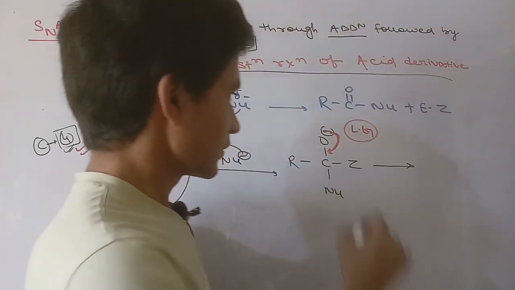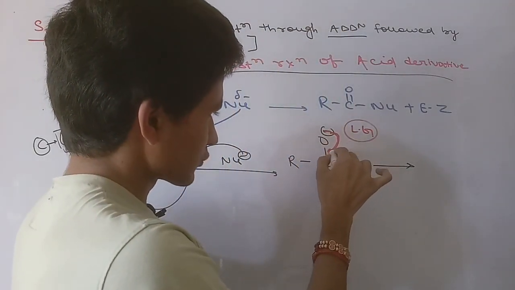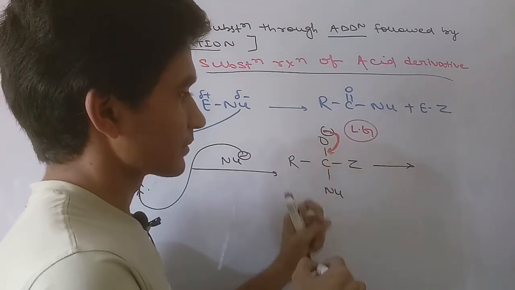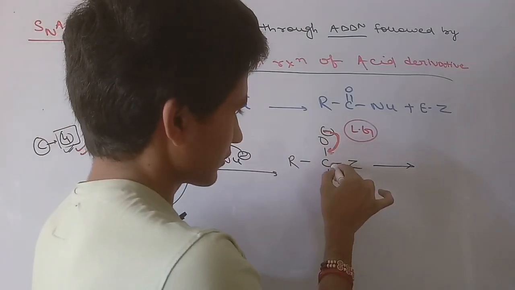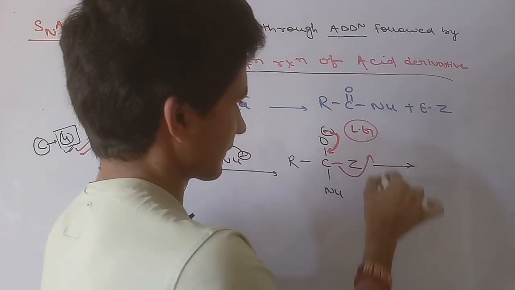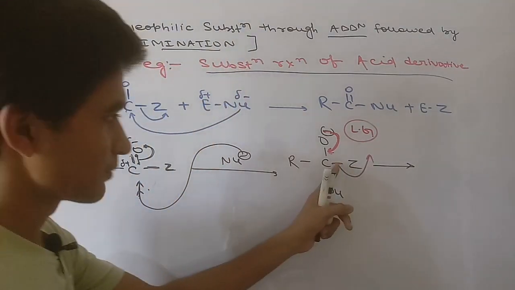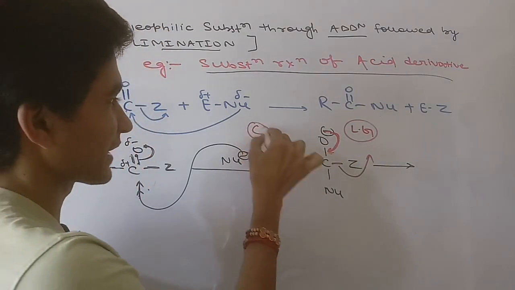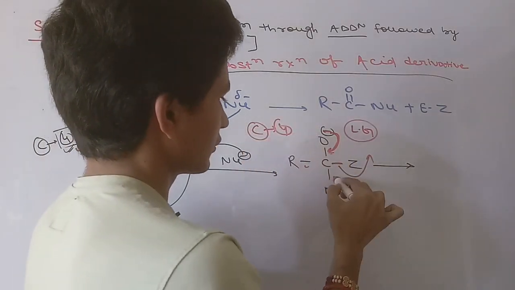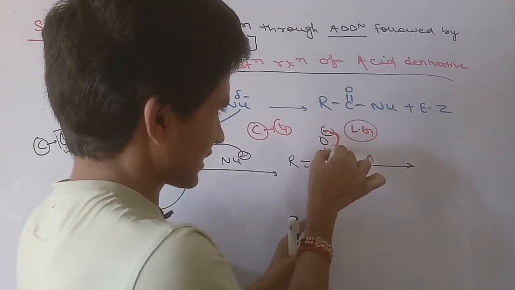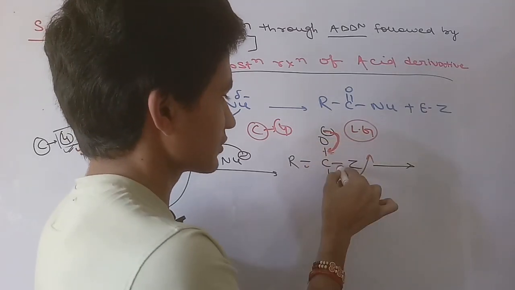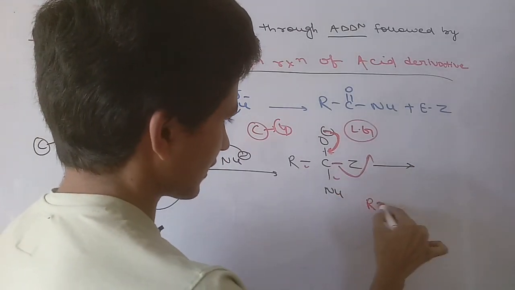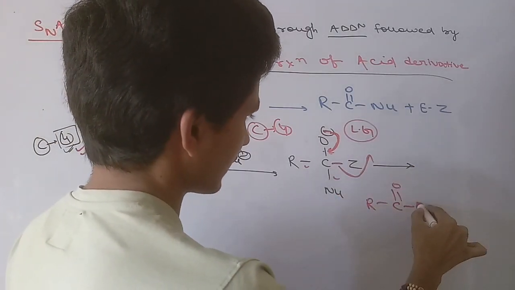So once this electron comes to make a bond with this carbon, meaning oxygen is going to make a double bond with this carbon, this Z will leave. See, if this bond is going, then this bond can be formed because carbon can form a maximum of 4 bonds. So this was the 1 2, this is the 3, and this extra which is going to form is your 4th bond because this bond has been removed. Clear? So the reaction will be like that, RC double bond O and nucleophile.